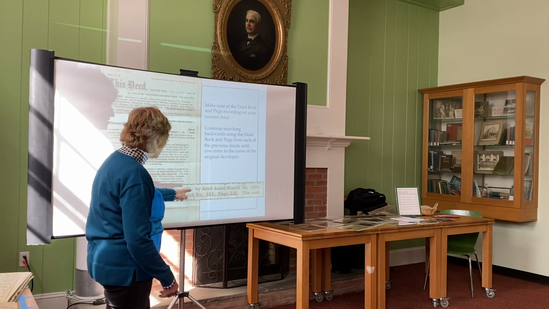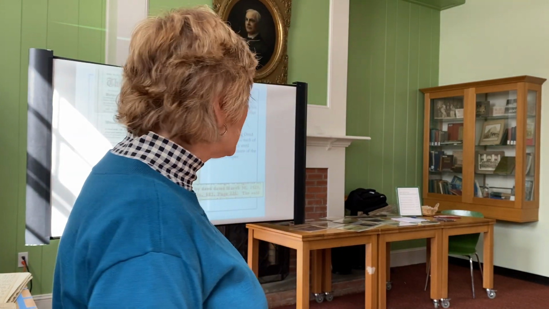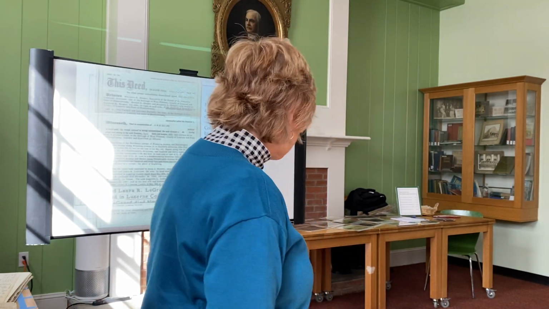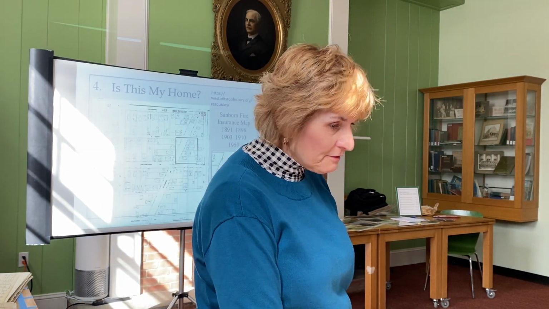So if I go back and look at that book and that page, I'm going to see where the Caspers bought the house. And then take it back, in my case, it's like 2 more buyers before we get to the coal company that owned it. But that's how deeds work. So it's not hard to do, and it is online. And as I said, it's a free source.